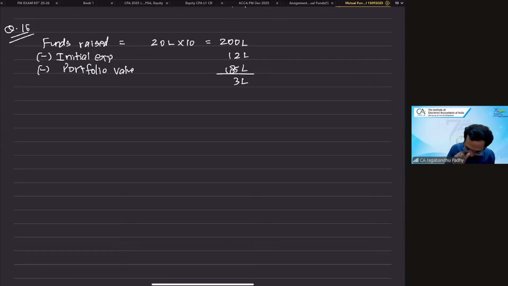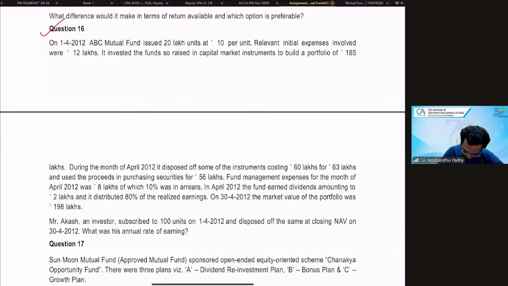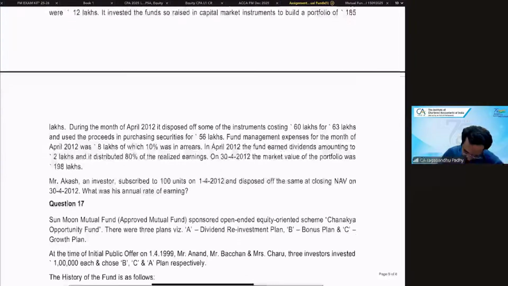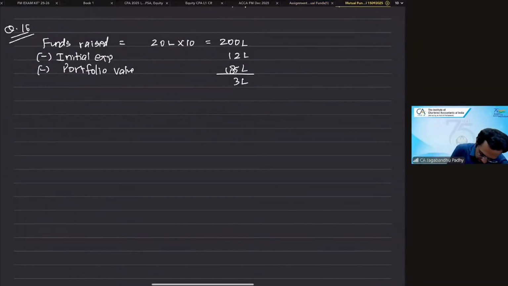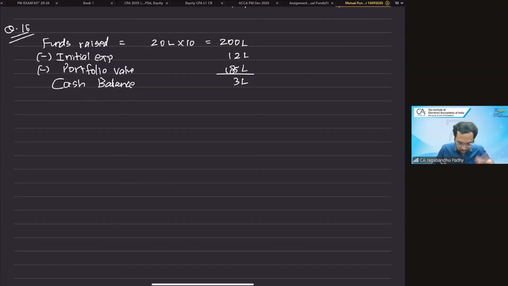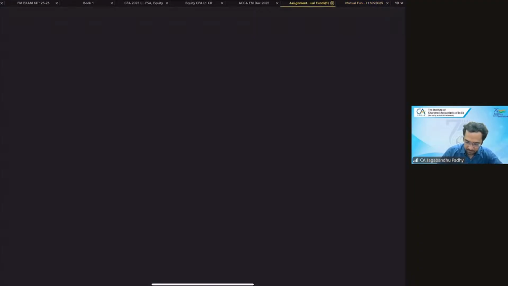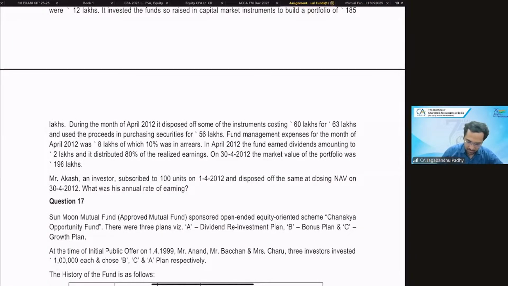So balance 3 lakh. What is it going to be? No exit load, nothing. This is the cash balance, guys. You raised 200 lakhs, spent 12 lakh for initial expense, and have a portfolio of securities for 185 lakh. So the balance 3 lakh is going to be the cash balance. You guys were using too much of your brains.